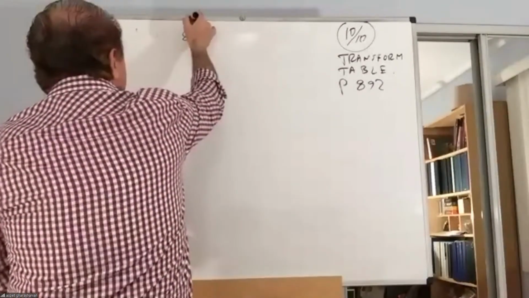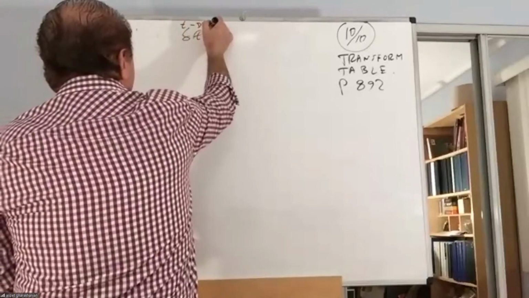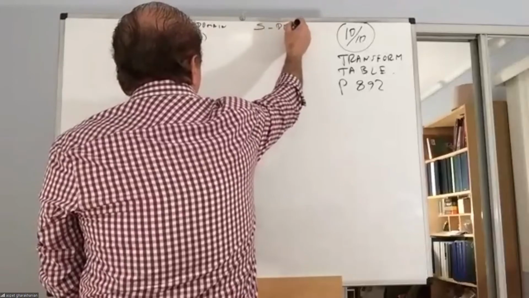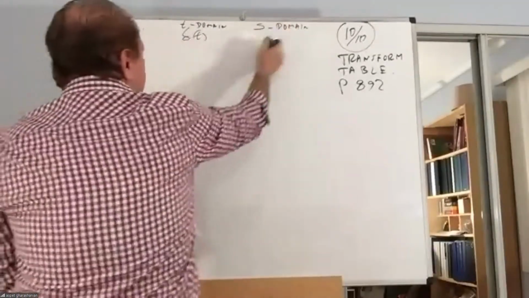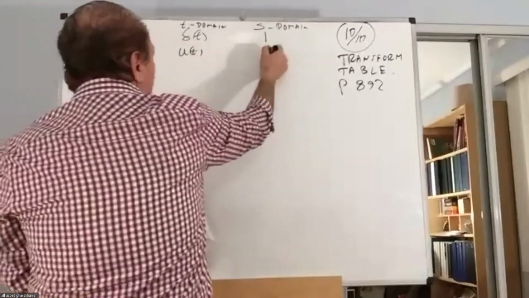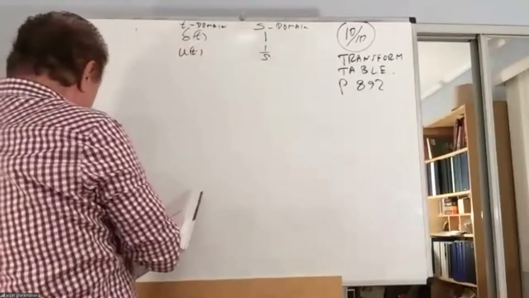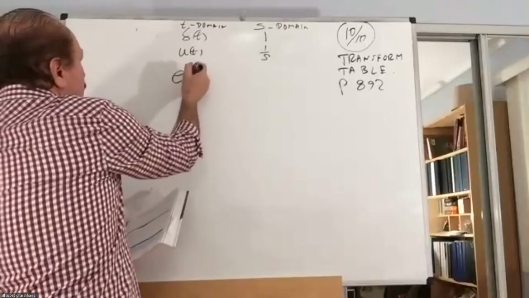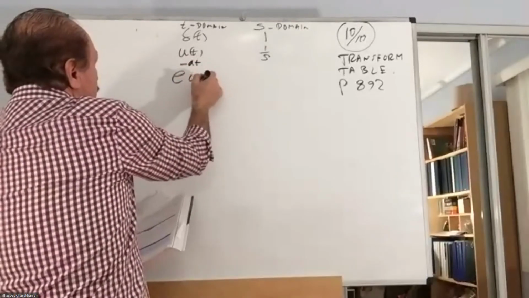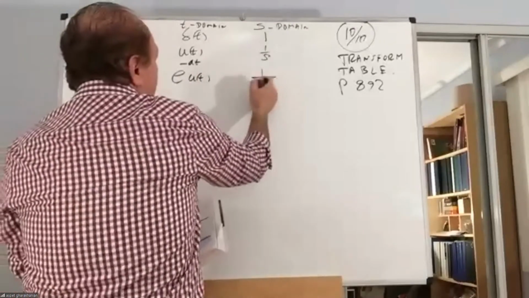Delta t, this is the time domain, and this is the s domain. So delta t is 1, which I showed you. U of t turns out to be 1 upon s, and then it keeps building. E to the power minus at u of t is 1 over s plus a.